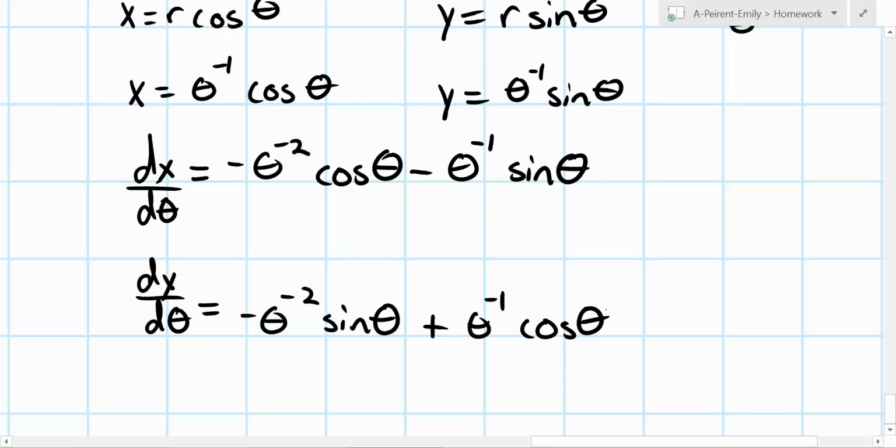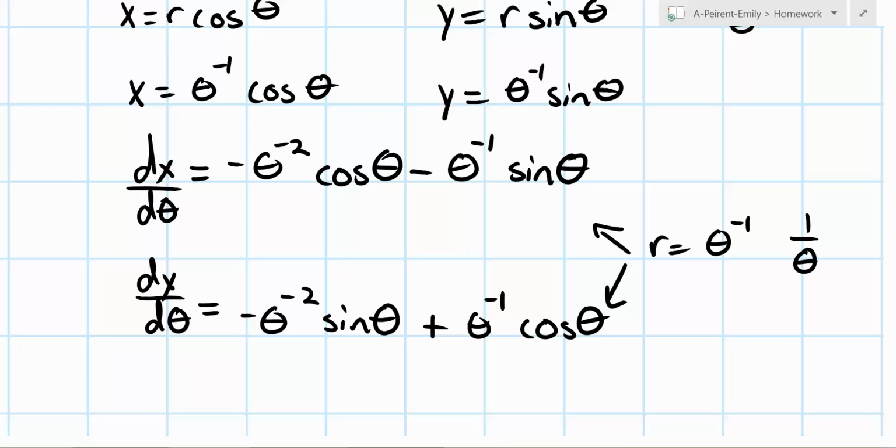And here, with doing the differentiation, is why I like to write r equaling theta to the negative 1 rather than 1 over theta, because I think that makes it easier for me to see how to do the differentiation.